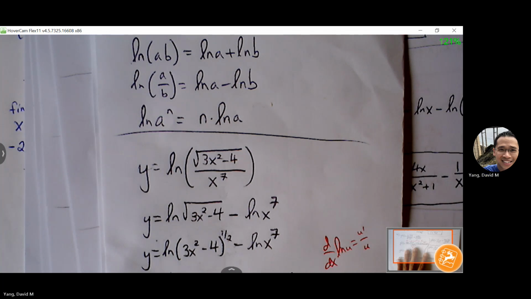One instance is if you realize that you would prefer not to go through a complicated combination of product, chain, and quotient. The nice thing is if I introduce natural logs into this problem, then I can start applying all these properties, break them each down into their individual components, and then we just do u prime over u for each, and it becomes a lot easier to do.